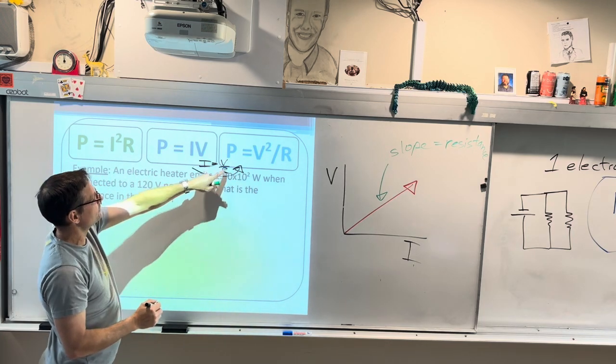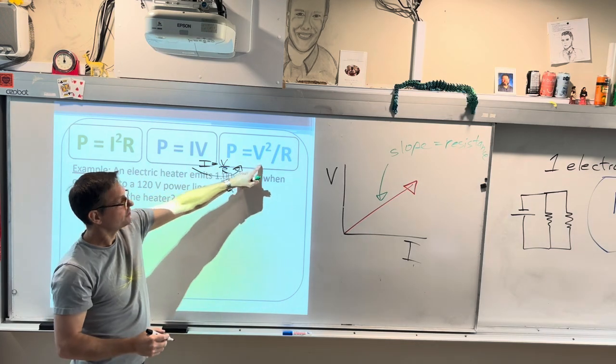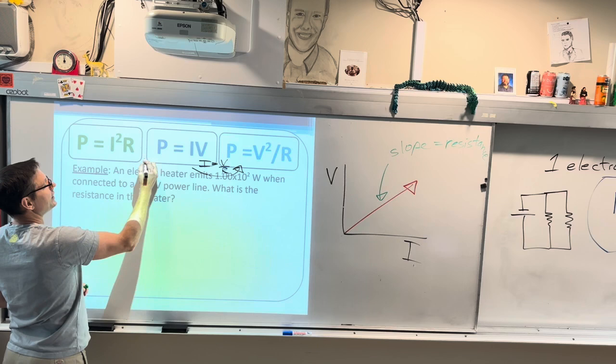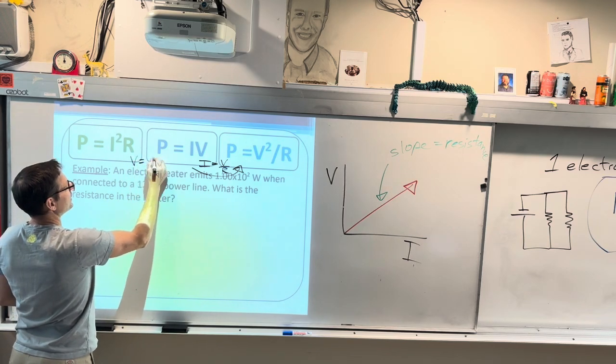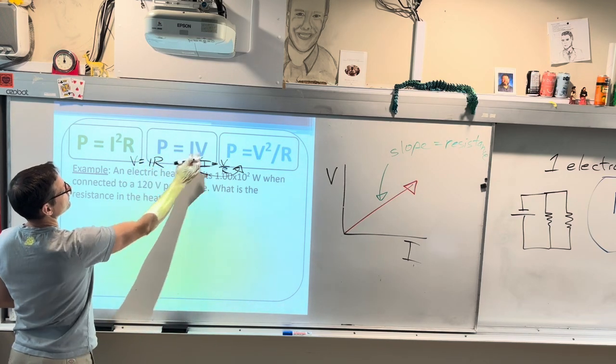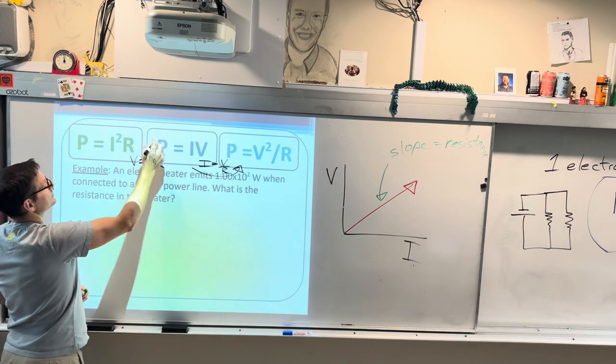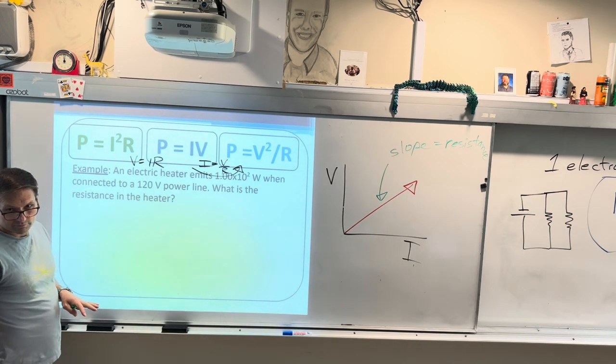So if you put in V over R for the I, you get V squared over R. And if you go the other way, you would say V equals IR. So if you put in the IR for the V, you get I squared R. So these three are all usable.